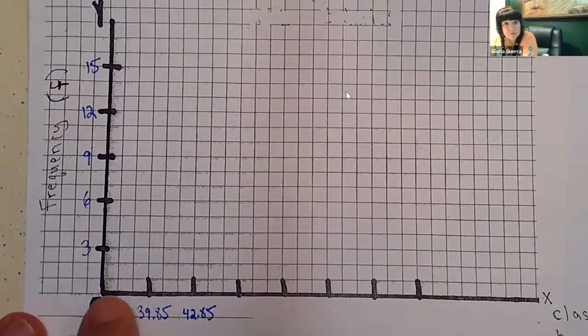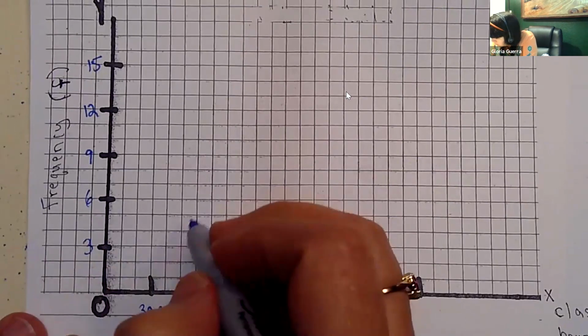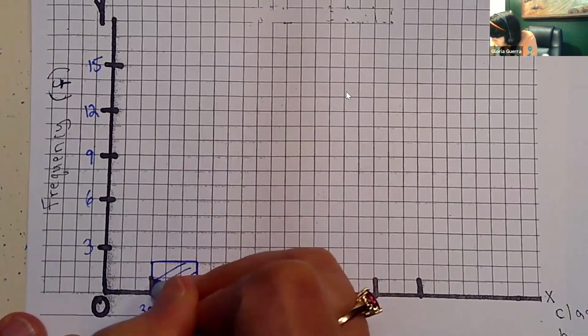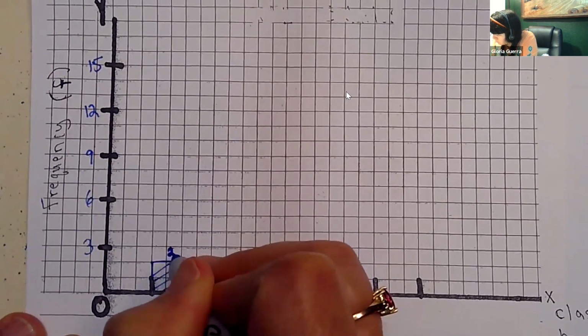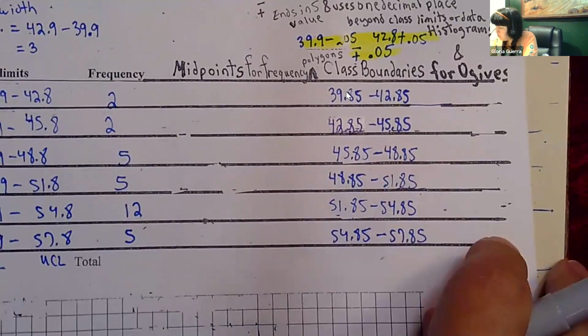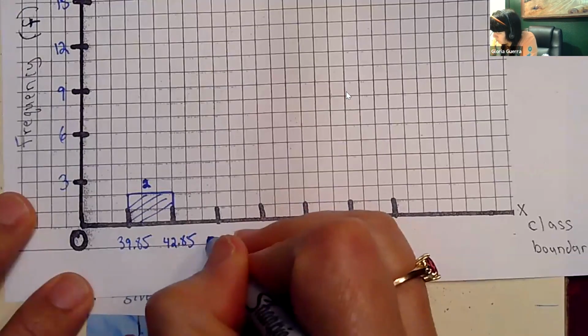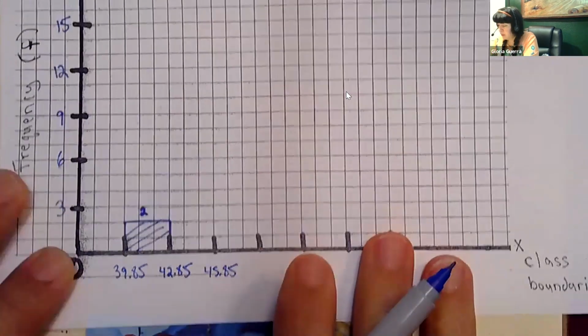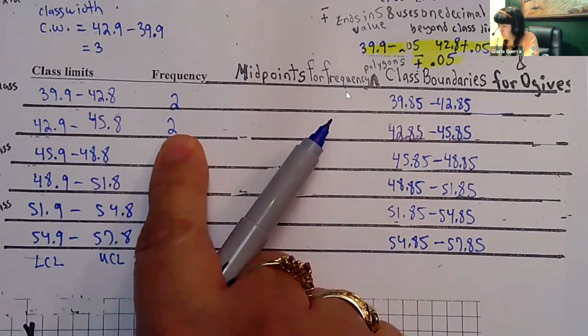So see, remember this was 3, so 2 is about right here. See, and that's a class frequency of 2. And then we go 42.85 to 45.85. And that one also had a class frequency of 2.